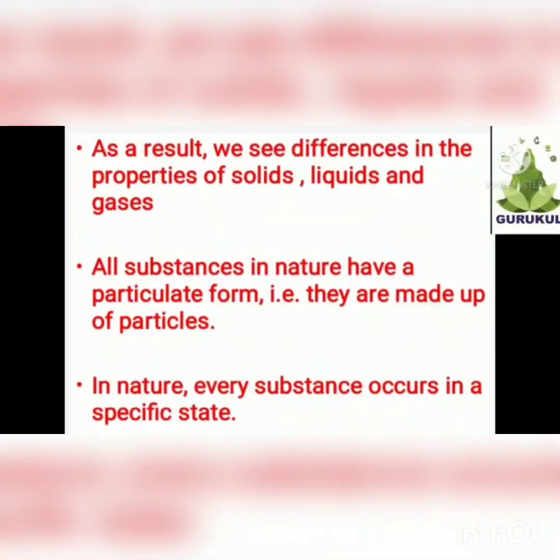As a result, we see differences in the properties of solids, liquids, and gases. It means that the properties of the solid state, liquid state, and the gaseous state were different. All substances in nature have a particulate form, that is, they are made up of particles only.